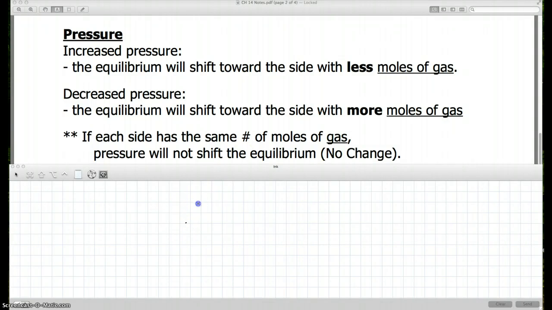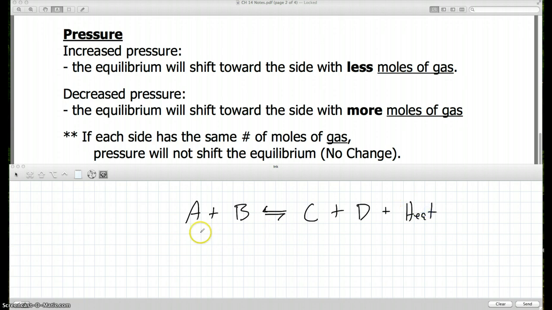So if you see, C plus, I'm going to add another chemical here, plus heat. Heat could be on the other side. We could have an endothermic reaction.